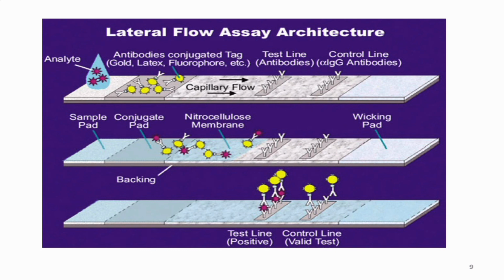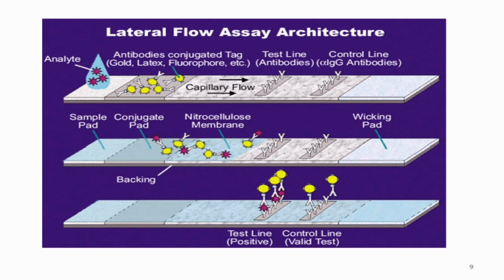If my sample, we hope, has no SARS-CoV-2 in it, it's still going to flow here. The liquid's still going to flow. It's still going to pick up these antibodies and everything in this area, and it's going to keep going. When it gets to this line, there's nothing to get caught. There's no virus, so nothing's getting caught on these.